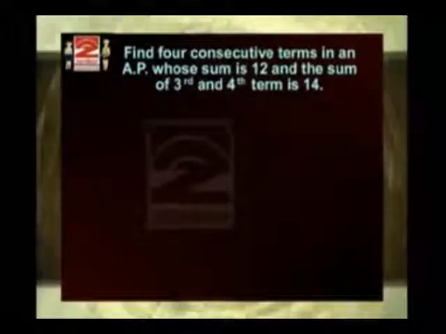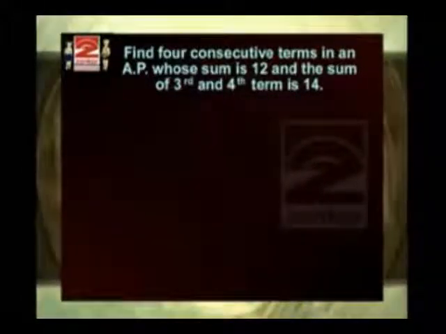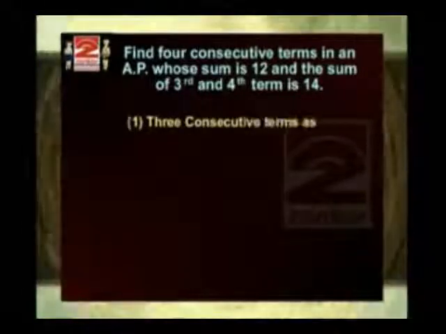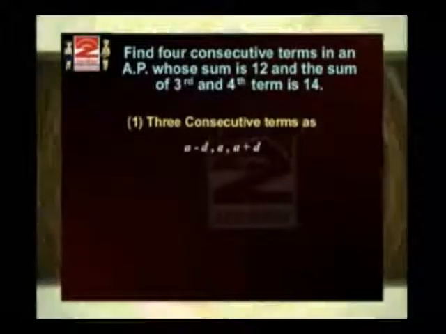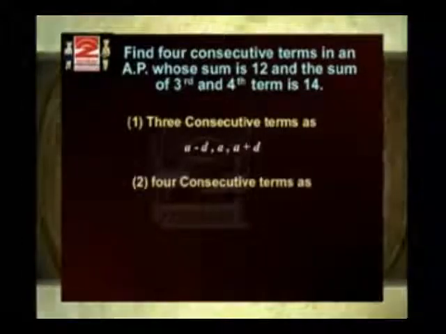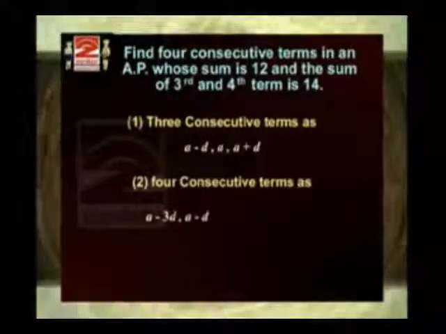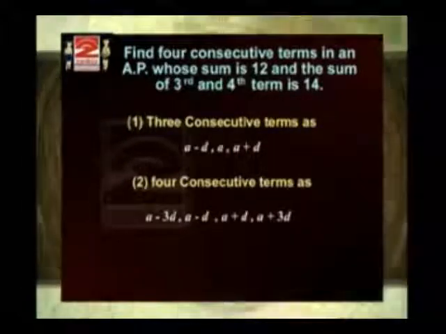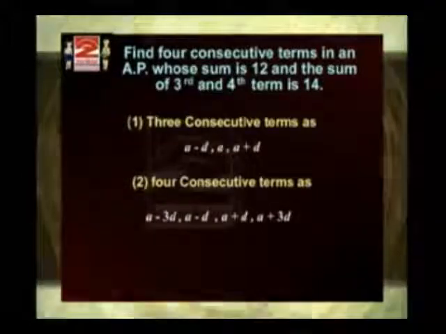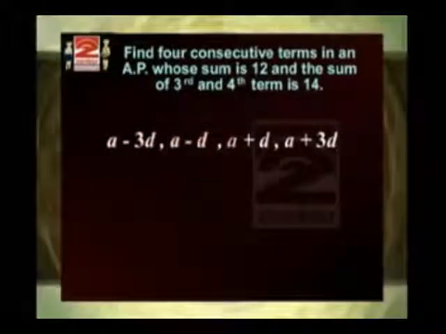When we solve such type of problems, whenever we wish to consider 3, 4 or 5 consecutive terms of an AP, it is convenient to consider them as this. 3 consecutive terms, then they should be A minus D, A and A plus D. If 4 consecutive terms are there, then A minus 3D, A minus D, A plus D, A plus 3D, like that. So, in this problem, let the 4 consecutive terms be A minus 3D, A minus D, A plus D, A plus 3D.